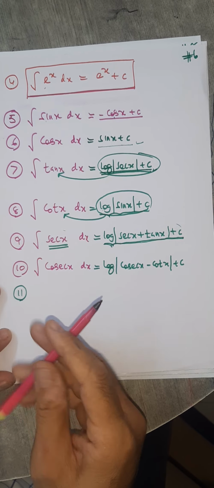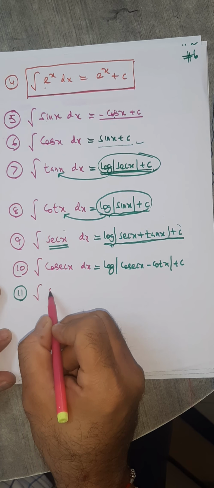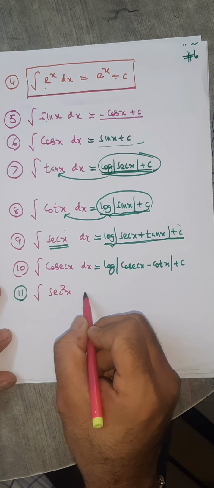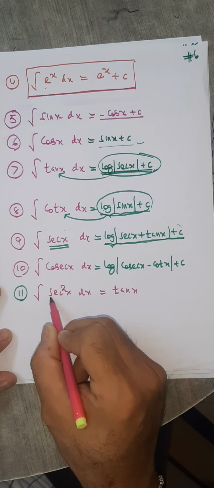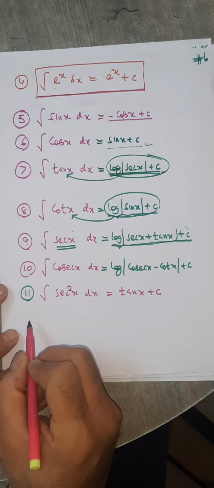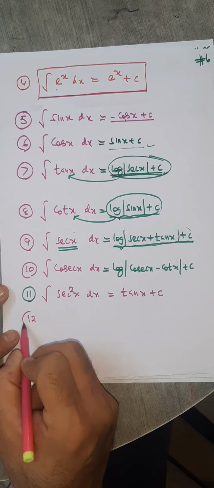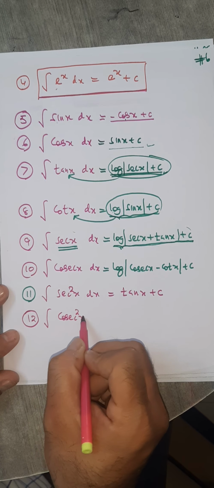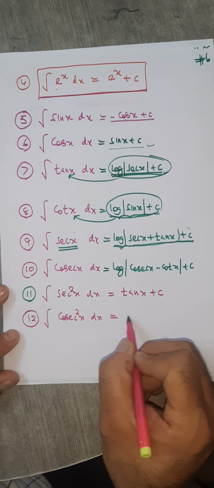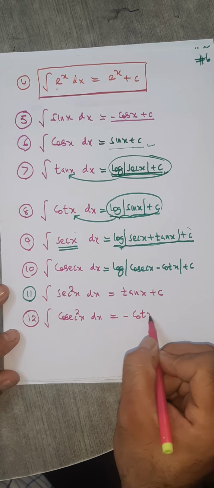Now this next comes from the differentiation. Integral of sec squared. You know it is tan x. Why? Because differentiation of tan is sec squared plus c. Next, 12th, integral of cosec squared. You know here it would be minus cot. Why minus cot?